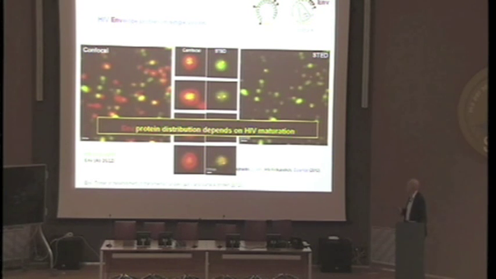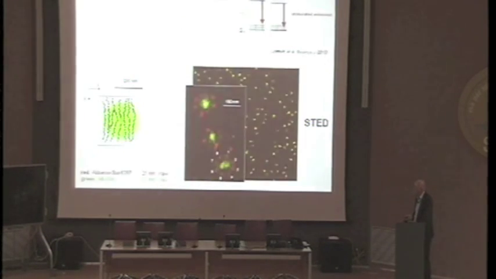So in other words, if the HIV gets mature, it gets all its ENF in a single place, and this seems to be a condition for infectivity. So here, cut a long story short, STED helped getting an important insight into the steps of becoming infective as an HIV particle.